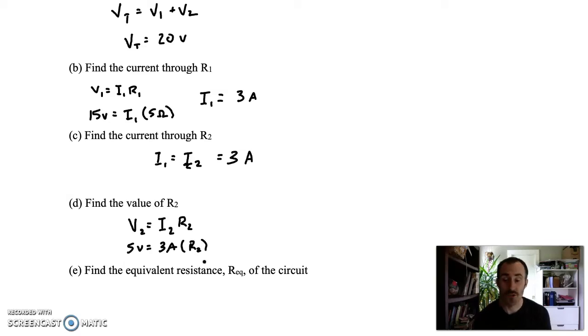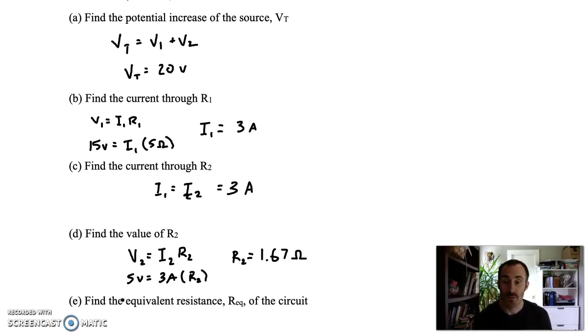And we can solve for R2. So 5 volts divided by 3 amps, R2 is 1.67, or 1 2/3, 1.67 ohms.